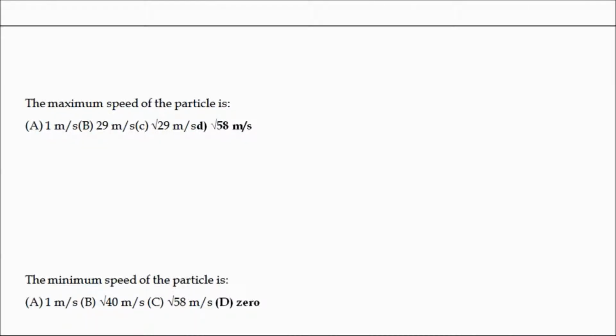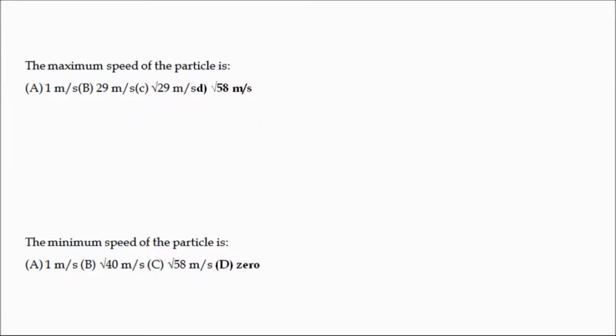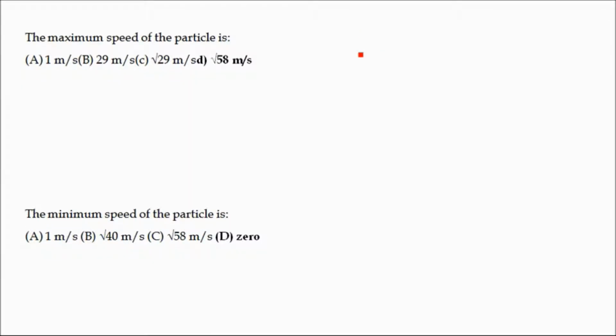Next, you have to calculate the maximum speed of the particle. At maximum speed we have the maximum kinetic energy. We have already calculated that the maximum kinetic energy is equal to 29 joule, because the potential energy is equal to 20 plus (x minus 2) squared, and the total energy is equal to 49 joule.